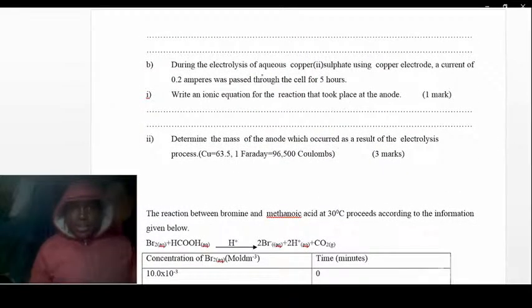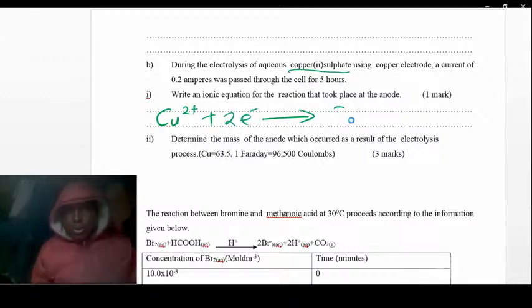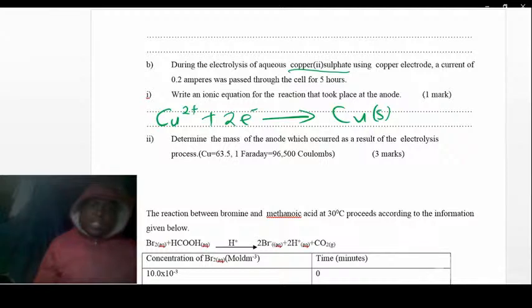During electrolysis, 2 amperes were passed through. Write the equation for the reaction. So we are reacting copper 2 here. The most important thing is the copper ion. So copper 2, which is in a solution, we add 2 electrons, and it will form copper metal. That is the equation you need to know how to write.